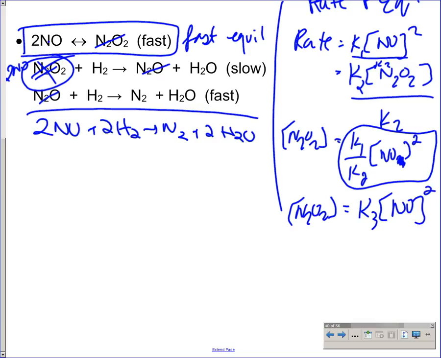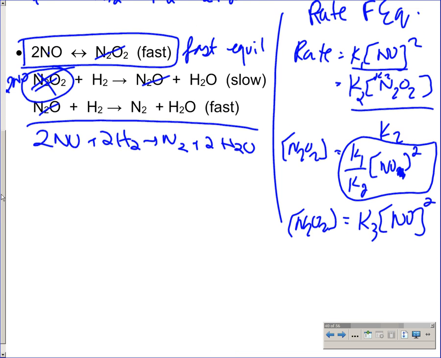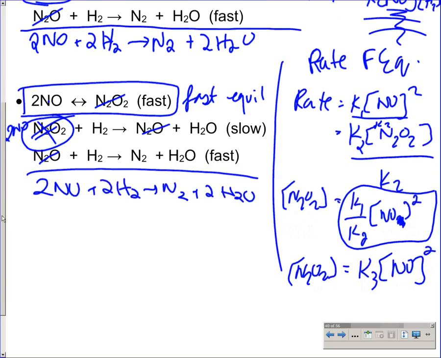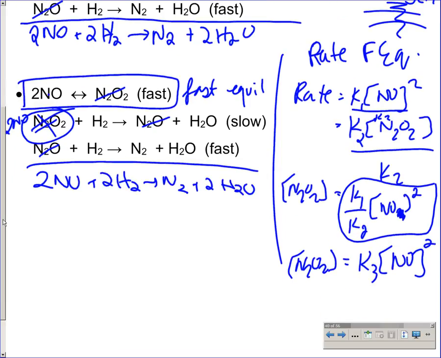So since these two things are equal, when you're looking at this top thing right here, the rate that you want, you see that you already have this present in the slow step of this proposed mechanism.